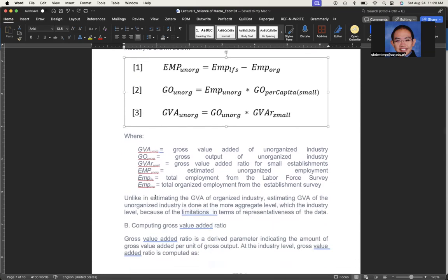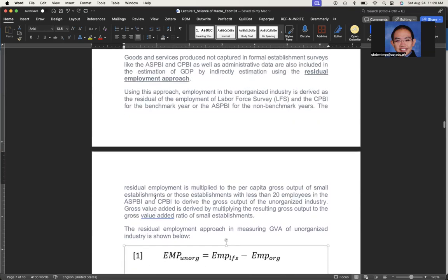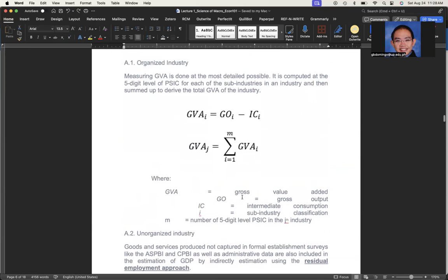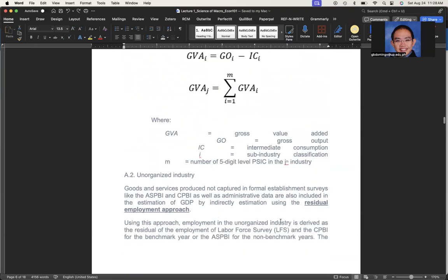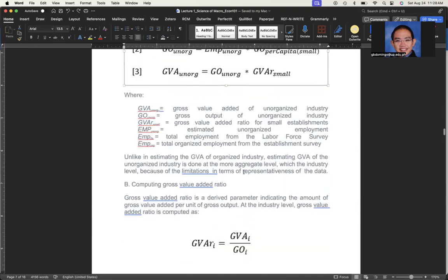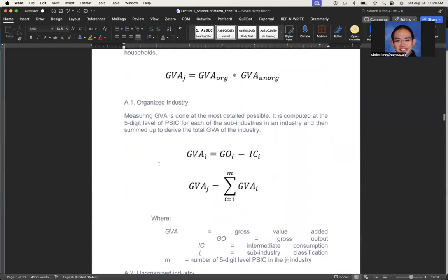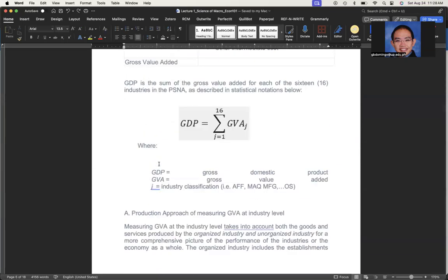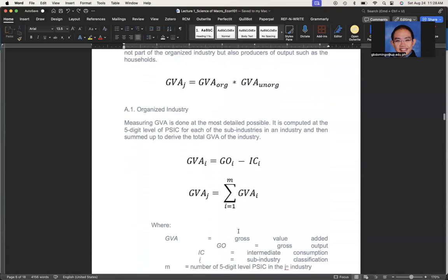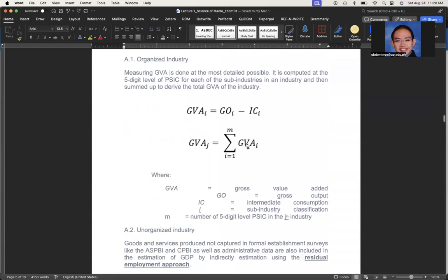So unlike in estimating GVA of the organized industry, estimating GVA of the unorganized is done at a more aggregate level. Recall that in the organized, you do the GVA per 5-digit. But here it's done at the more aggregate level, not 16-digit, but at the 16 PSNA industries, which are here, instead of at the different 5-digit ones.